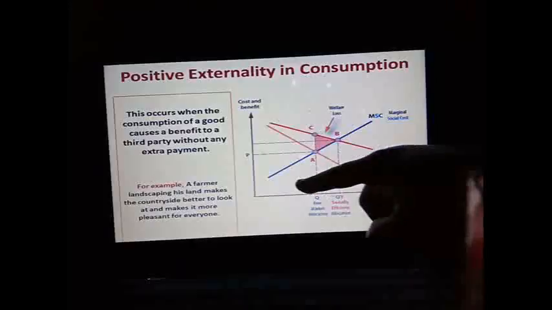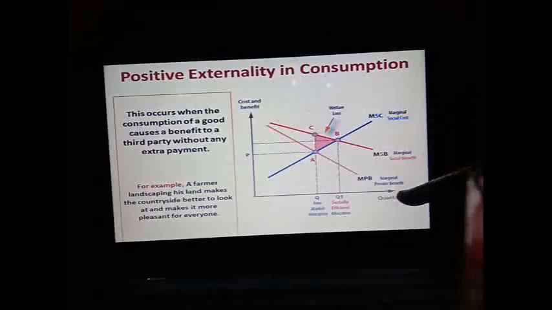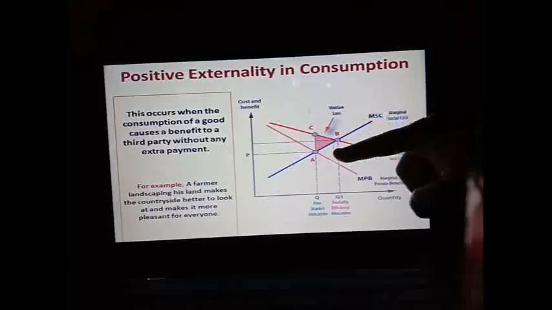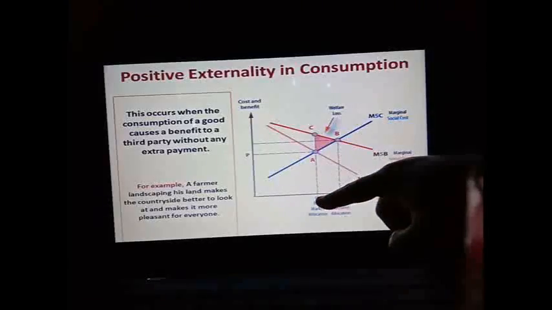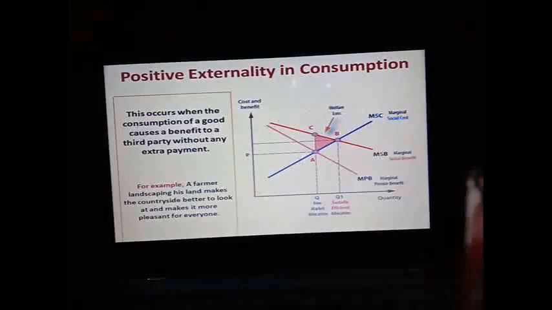Our marginal social cost curve is upward sloping, and our marginal private benefit curve is downward sloping. When both curves intersect at point A, it fixes the equilibrium quantity at Q, called private output or private consumption quantity. That is the free market allocation.